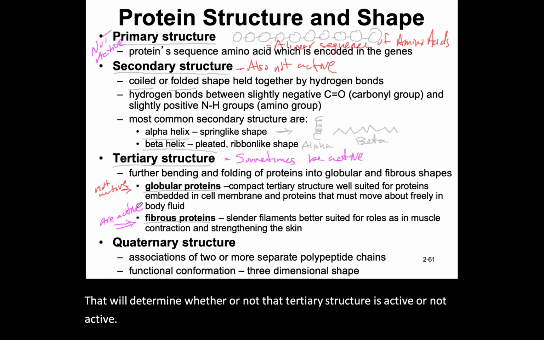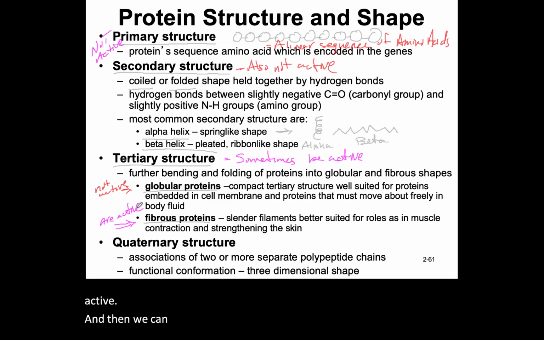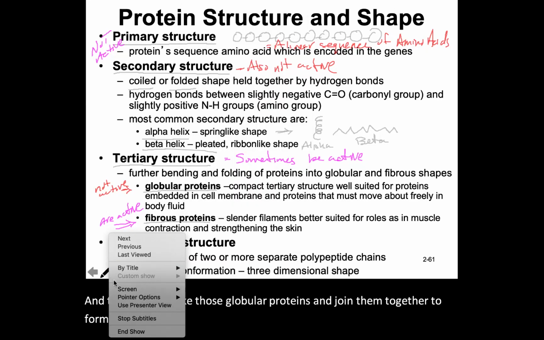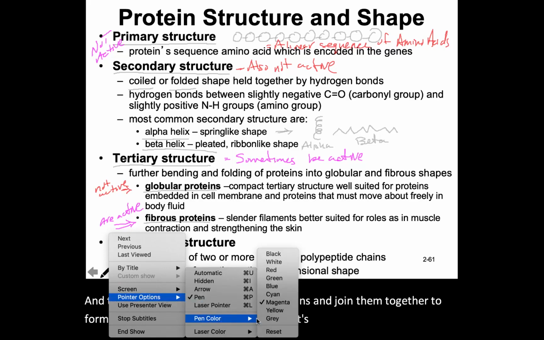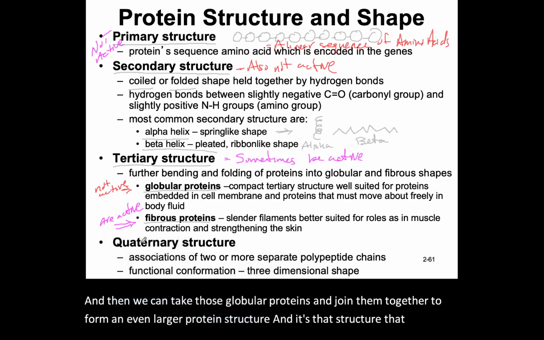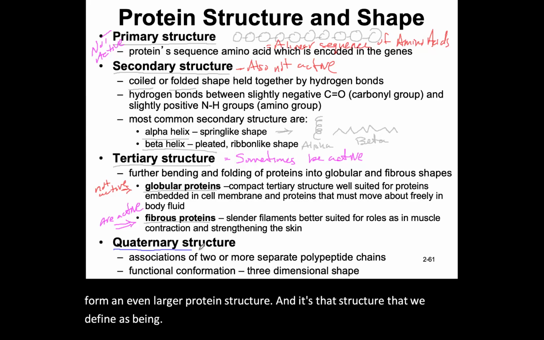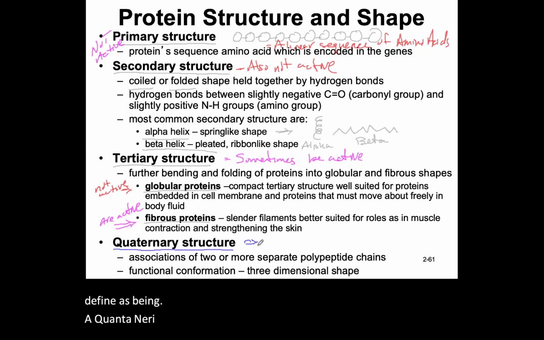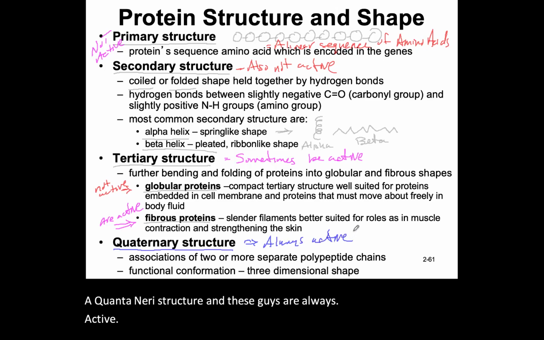And then we can take those globular proteins and join them together to form an even larger protein structure. And it's that structure that we define as being a quaternary structure. And these guys are always active. Think of hemoglobin.